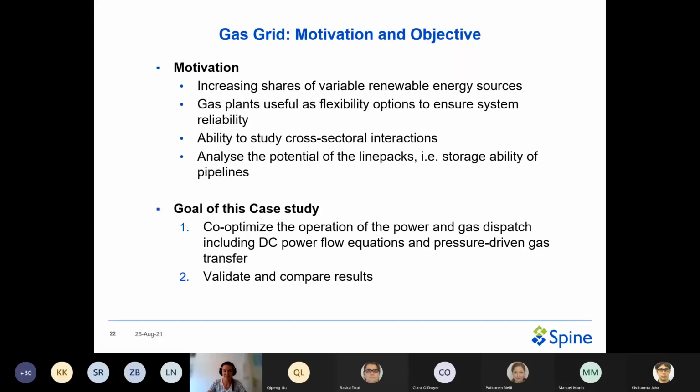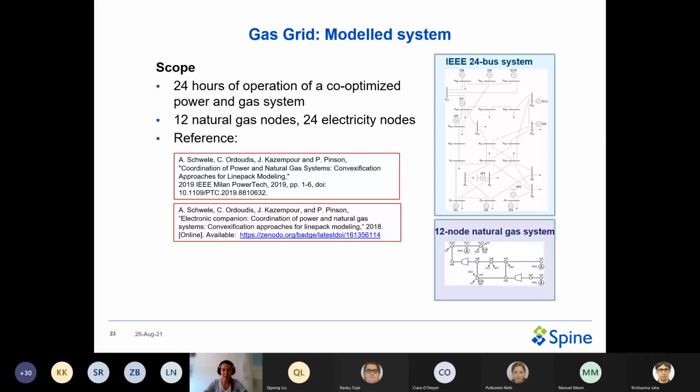Yes, so let's look into the modeled system itself. For the scope, we had 24 hours of operation of a co-optimized power and gas system. We looked at 12 natural gas nodes and 24 electricity nodes. Both systems are schematically depicted on the right-hand side here. The details don't matter too much, but what's important is that I have taken those pictures from Anna Schwele and colleagues from their study on convexification approaches for line pack modeling.